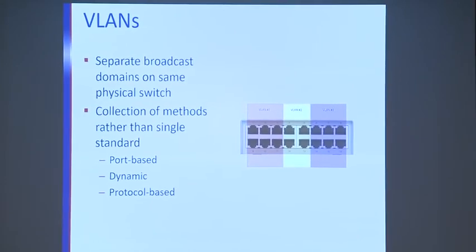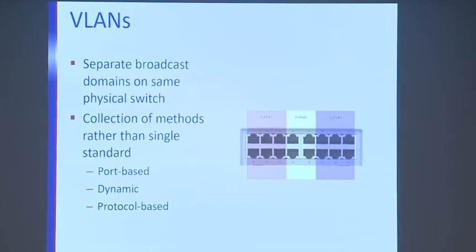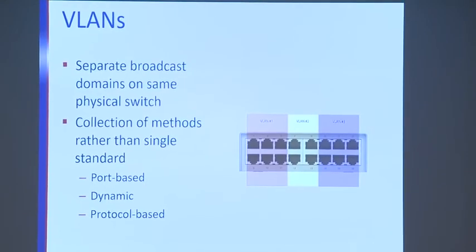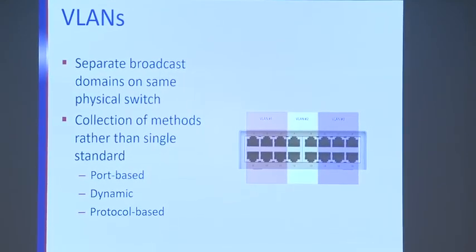With VLANs, it's very simple to set up VLANs and to isolate our traffic. If I am in VLAN 1 and you are in VLAN 1, we can send traffic between us. If I'm in VLAN 1 and you're in VLAN 2, we cannot send traffic between us unless I have a router to route between them, because each one of my VLANs will be a subnet, and remember, routers route between networks or subnets.